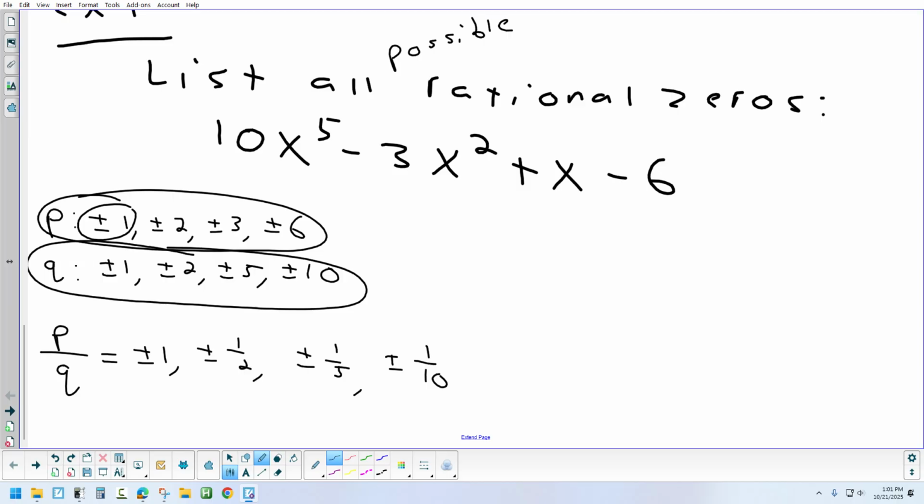Right. Next one we want to do is with a 2 in the top. What would be my first root with 2 in the top? 2 over 1. Yeah, so 2 over 1, which is just 2. What would be the next one to try? 2 over 2, but that's just 1.